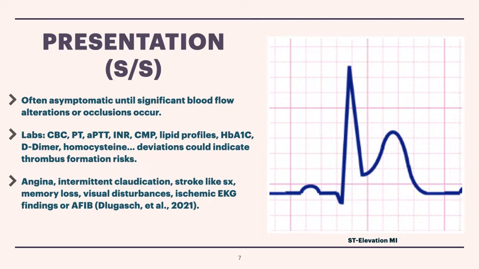Lipid profiles are very important for primary care. As we learned from the previous slide and from atherosclerosis formation, cholesterol plays a big role in that, along with our A1Cs with diabetics. With deviations in these, we can catch risk factors in the formation and hopefully lower those for our patients.